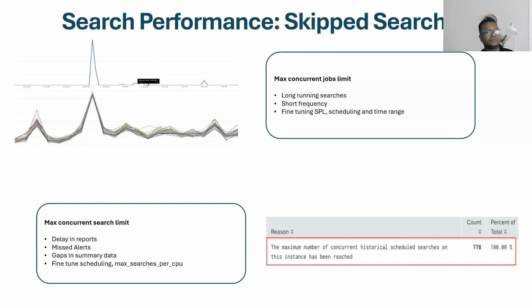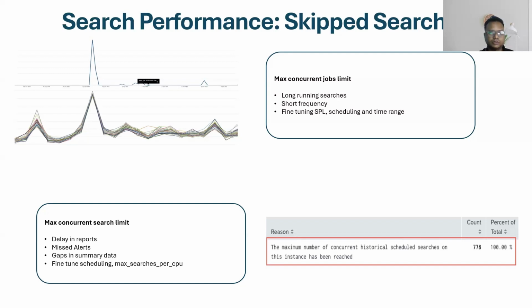So what happens? Broadly, from my experience with multiple customers, there are two common problems we see. One is the max concurrent job limit, and the other is the max concurrent search limit.